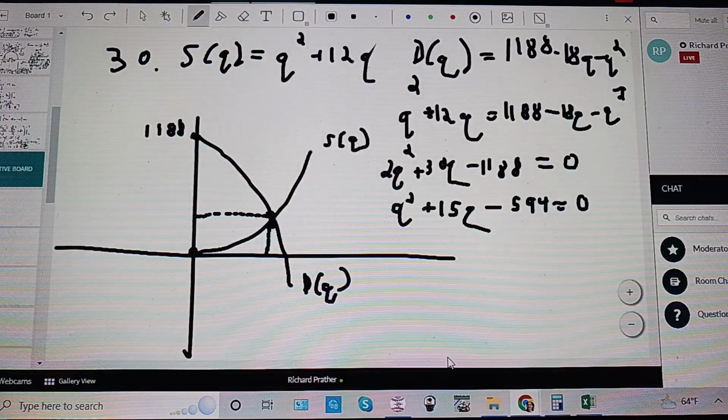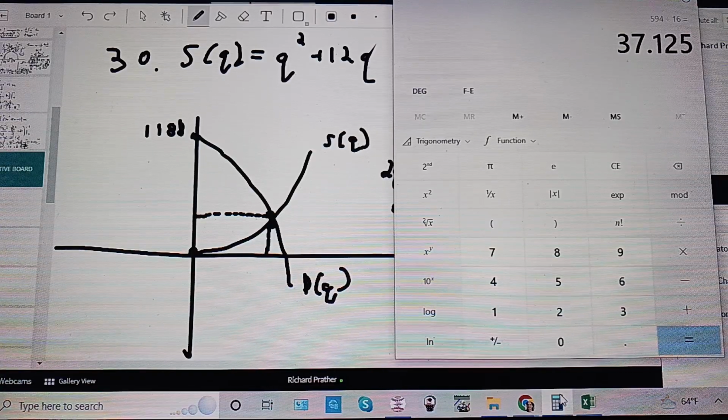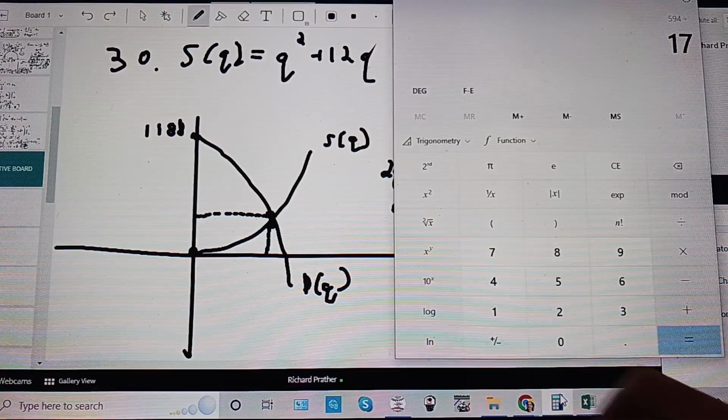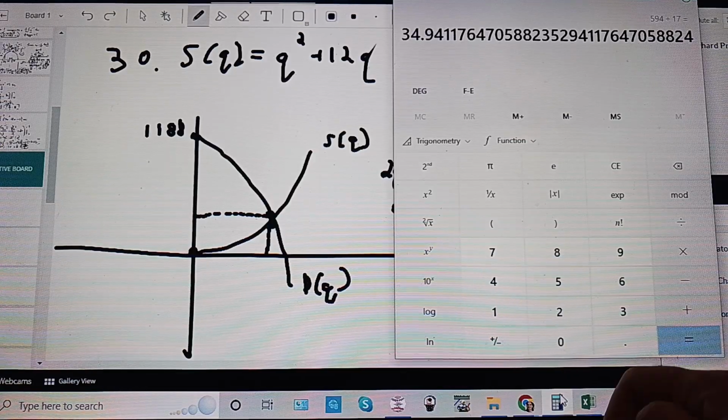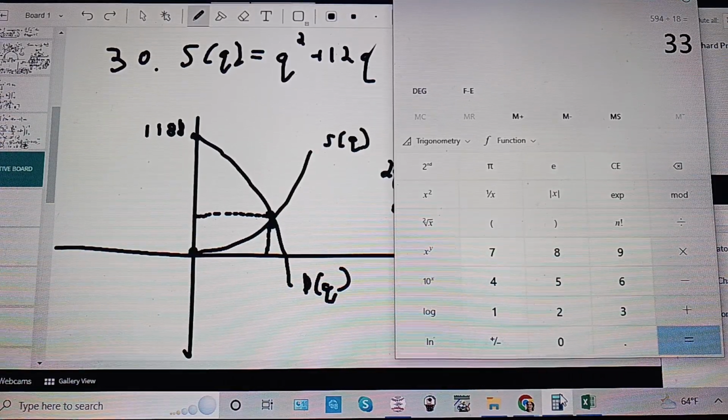So I can use that knowledge to maybe help here a little bit. 594, so does it divide by 16? That's a number between 15 and 20? No. Does it divide by 17? No. Does it divide by 18? Yeah. So apparently the two numbers I need are 18 and 33.